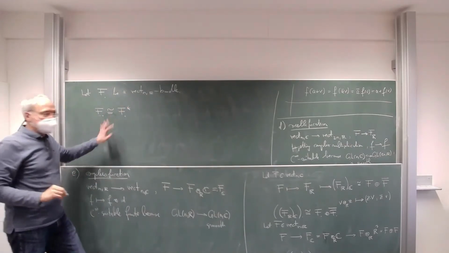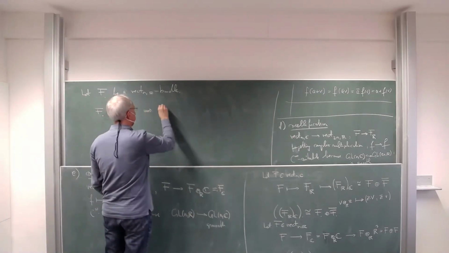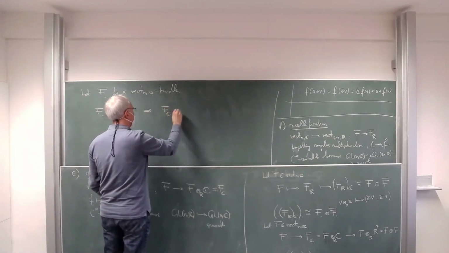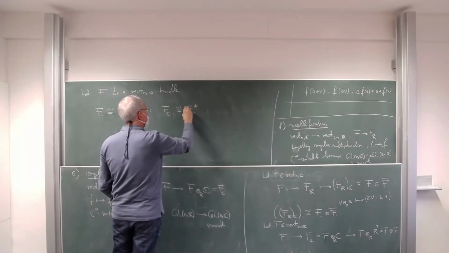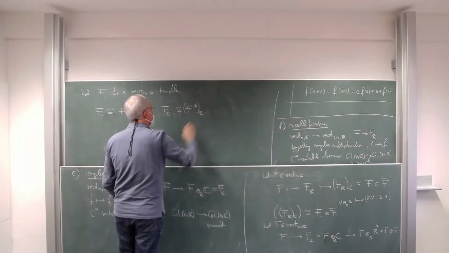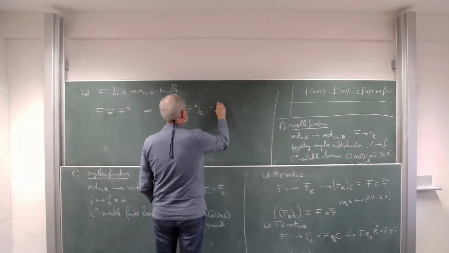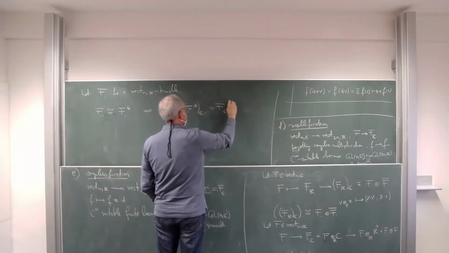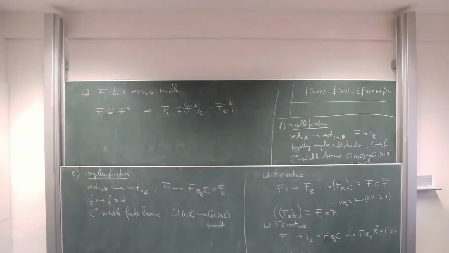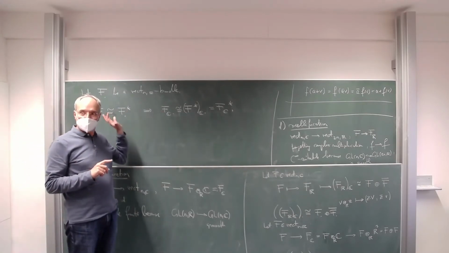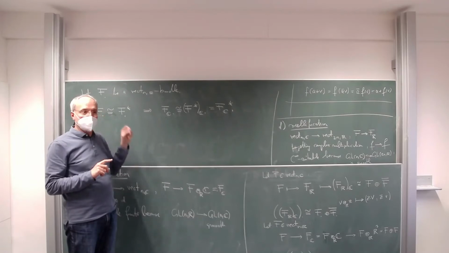But if we now complexify, then this is also true for the complexification, because it doesn't matter whether we first take the dual and then complexify, or first take the complexification and then the dual. This you can check. So here we are in a situation which is not always the case for complex bundles, namely that it is actually isomorphic to its dual bundle. This is because it's not an arbitrary complex bundle, but a complexification of a real bundle.